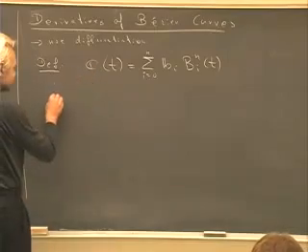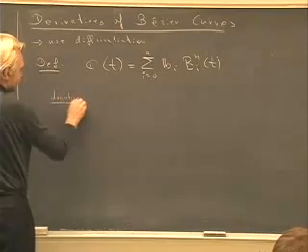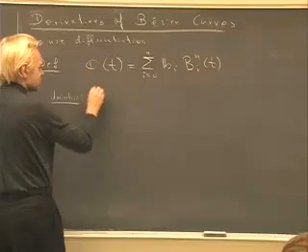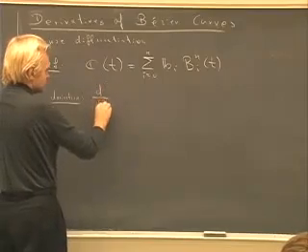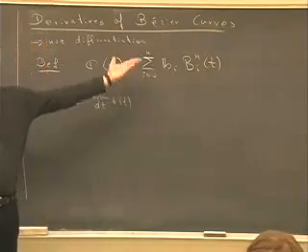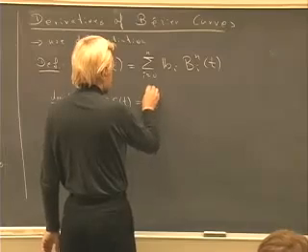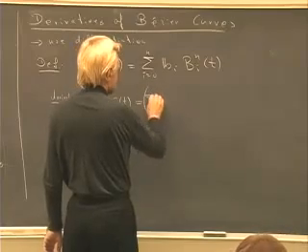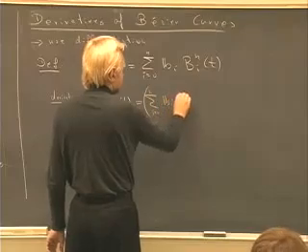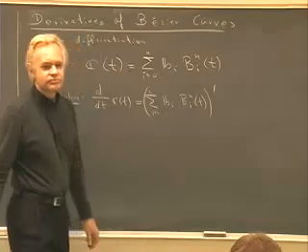So then the derivative d/dt of c of t. How do we get that? Well, we differentiate that sum. Right? That's what we do. It is the sum, i from 0 to n, of b_i times B_i^n of t, prime.